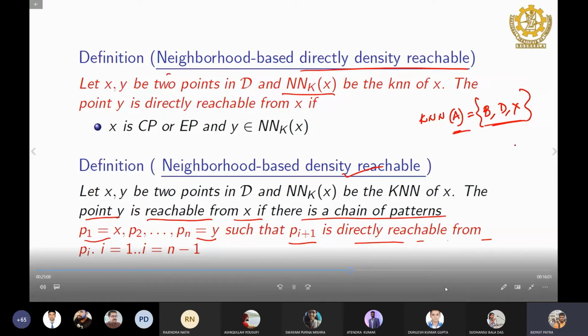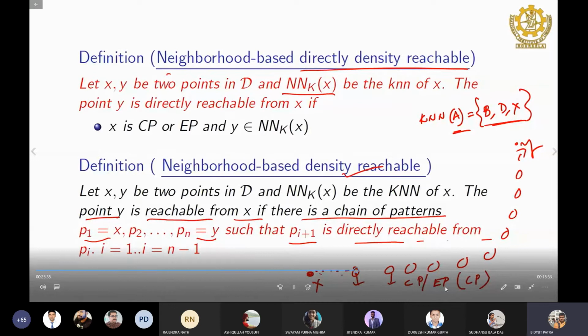That means you have a point y and you are trying to find whether y is density reachable from x, then there should be a set of points, and all subsequent points apart from the last point must have the relationship of directly density reachable. That means every individual point is either a core point or an even point. In other words, they are cluster points.